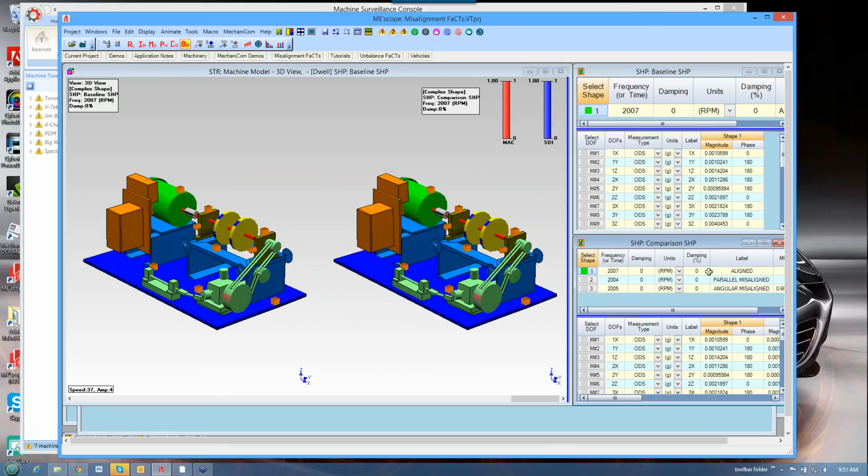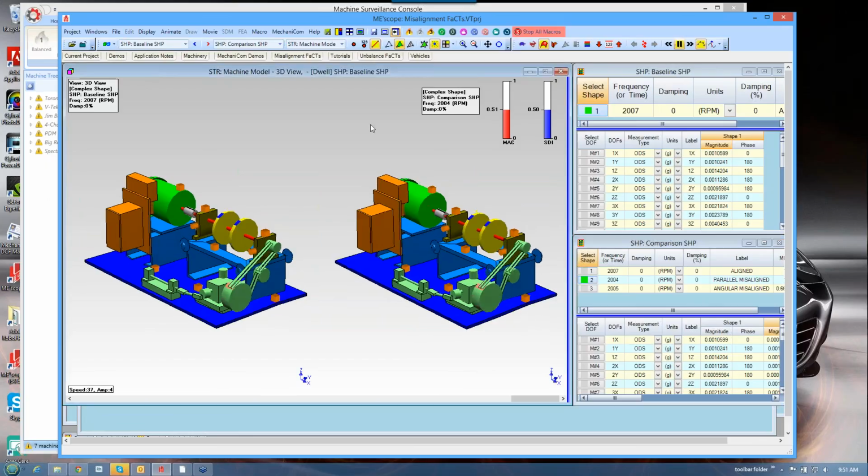And we're selecting the aligned. Since I'm animating here in Emiscope, I can just push the next button, and now I'm animating the parallel misaligned, and you can see what happened here. For some reason, it's not doing it right there.